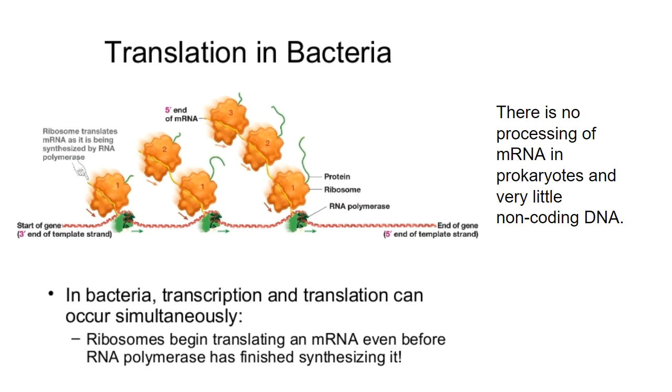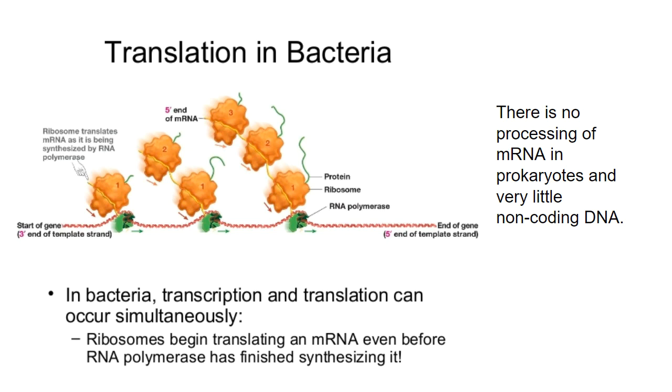Now, translation in bacteria is different than in eukaryotes because in eukaryotes our ribosomes can be free floating outside the nucleus, or our ribosomes are bound to the endoplasmic reticulum, and those bound ribosomes end up creating the proteins that get trapped within vesicles which go through the Golgi apparatus.